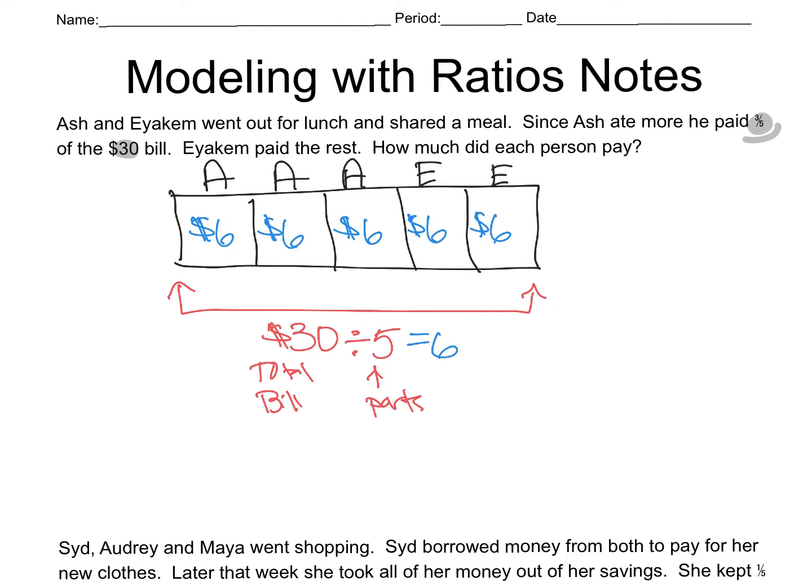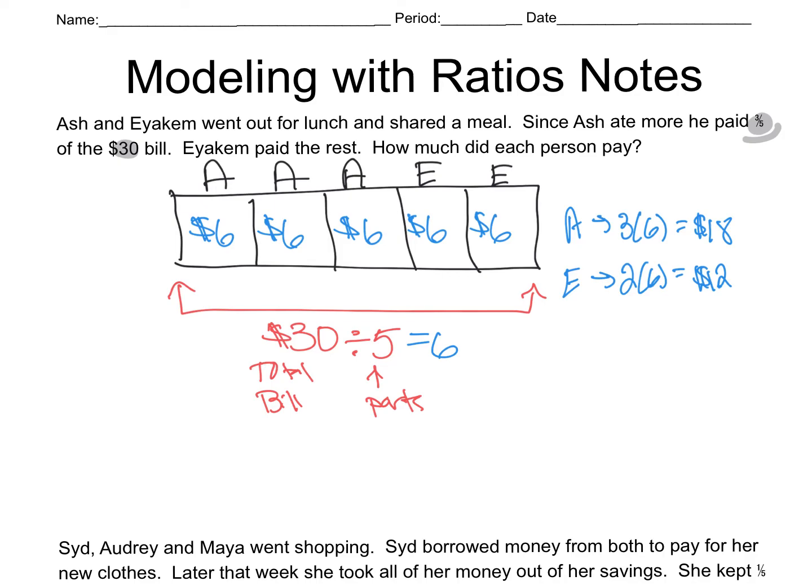Now, since Ash paid 3 parts, his section is going to be 3 times 6, or $18 that he paid, and Yakum took care of 2 parts for a total of $12. So Ash paid 18 and Yakum paid 12.